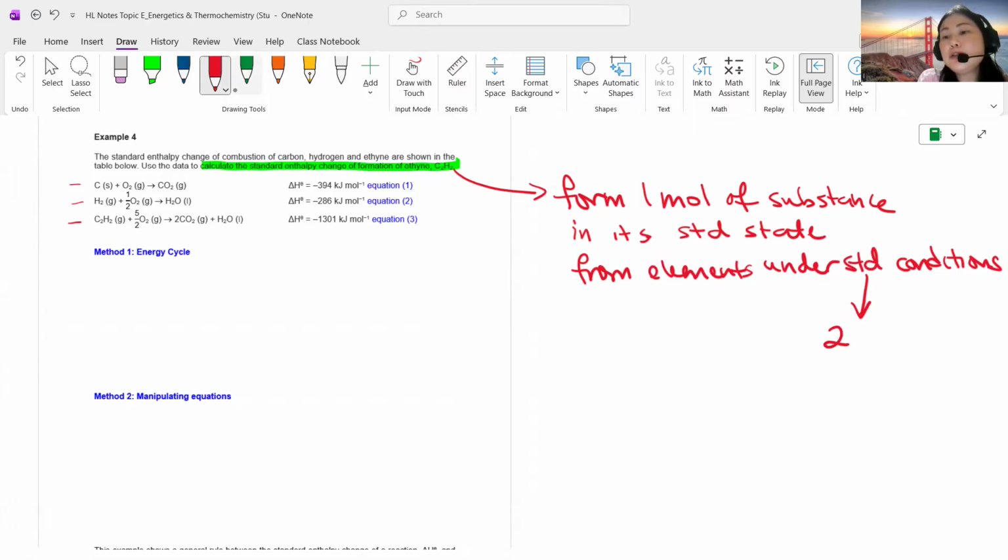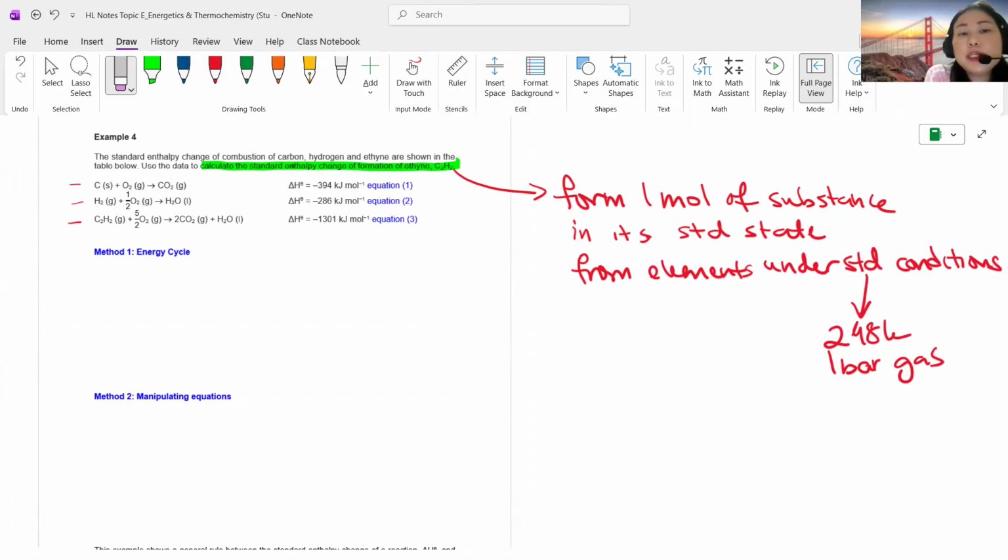Standard conditions here is usually room temperature, 298 Kelvin, 1 bar for gases, and 1 mole per dm cube for any solution. Okay, so it's usually 1 bar for gas pressure, 298 Kelvin.